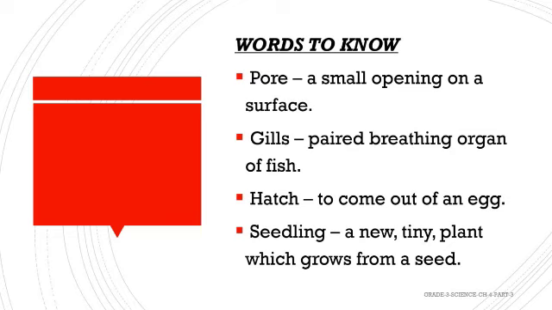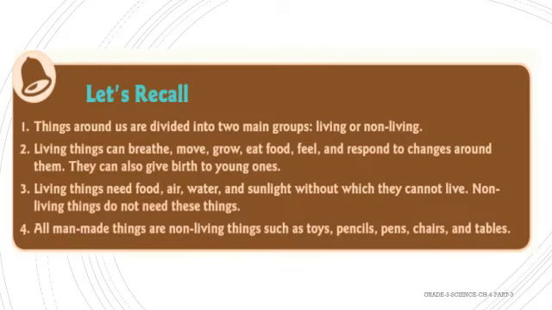I hope you all understood the meaning of these words. Now students, we will recall the chapter which we have studied. Number 1, things around us are divided into two main groups. Which are those groups? Living and non-living.